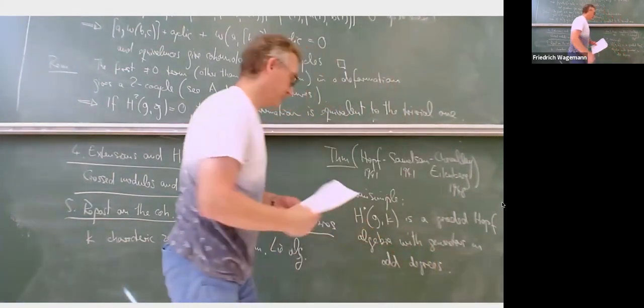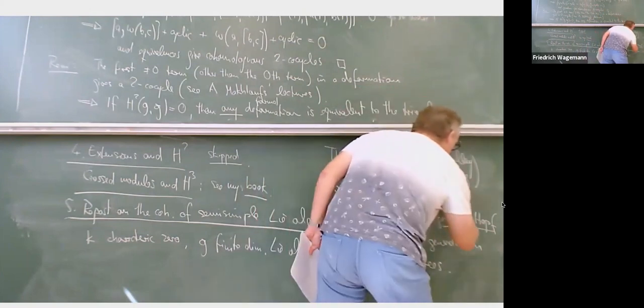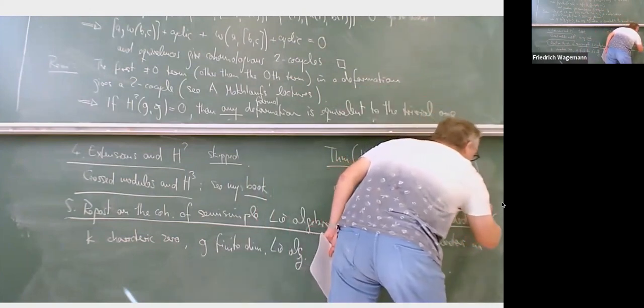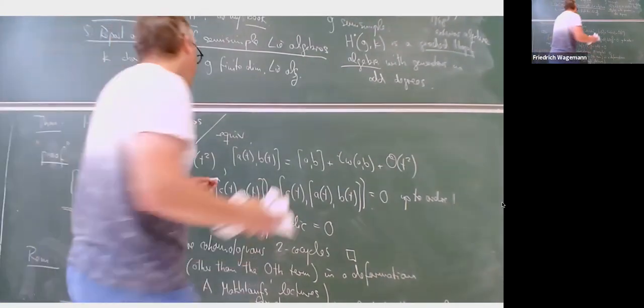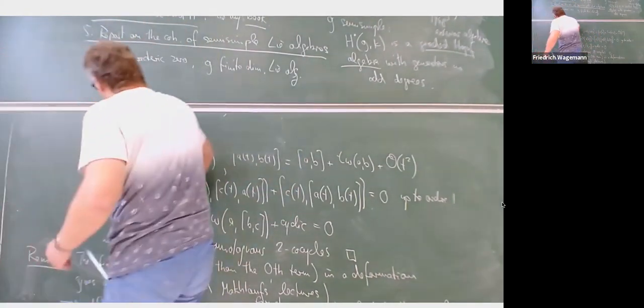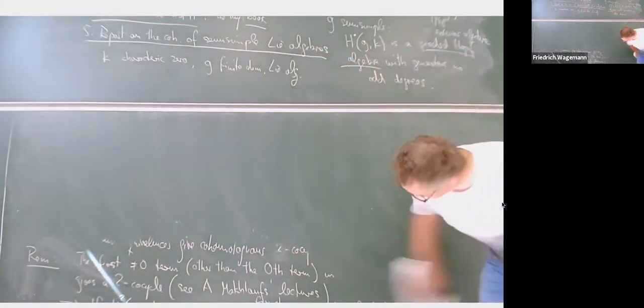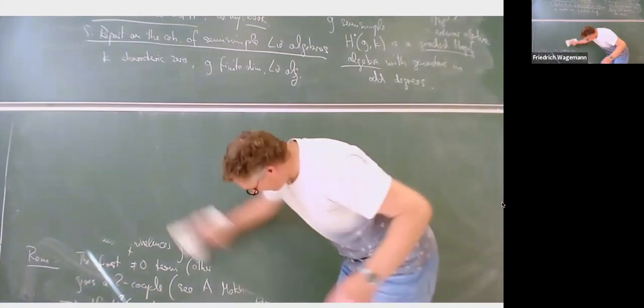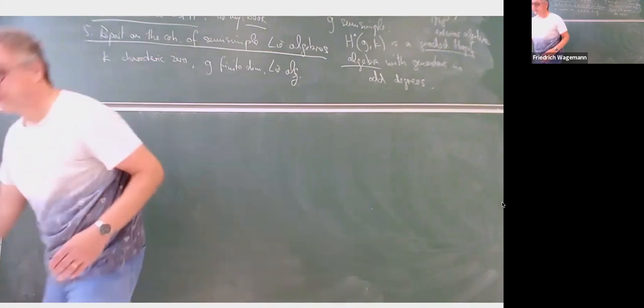Actually, this is in fact an exterior algebra, because by the Milnor-Moore theorem, a graded Hopf algebra is always a tensor product of an exterior algebra and a polynomial algebra. And as the Lie algebra is finite dimensional, there can be no polynomial part, so it must be an exterior algebra on odd generators.